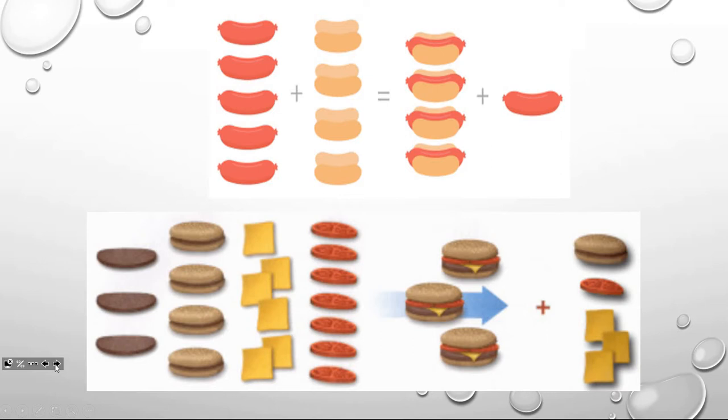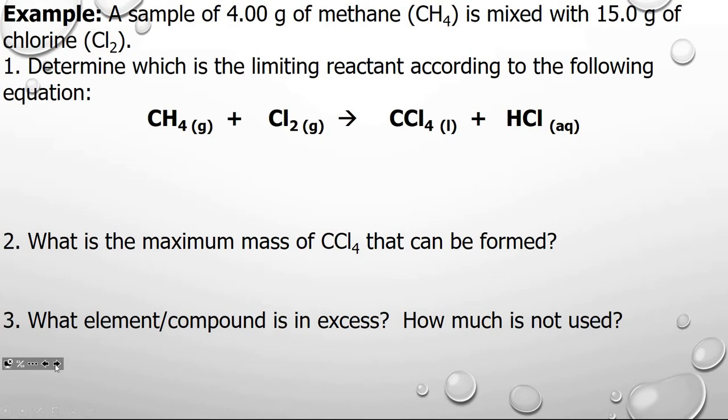You'll notice here we have 3 hamburger patties, we have 4 buns, we have 6 cheese, and we have 7 tomatoes. If I'm to make 3 hamburgers, the limiting thing here is my patties. But I'm going to have excess of cheese, tomatoes, and buns. So I'm going to have more than one thing in excess. And that can happen.